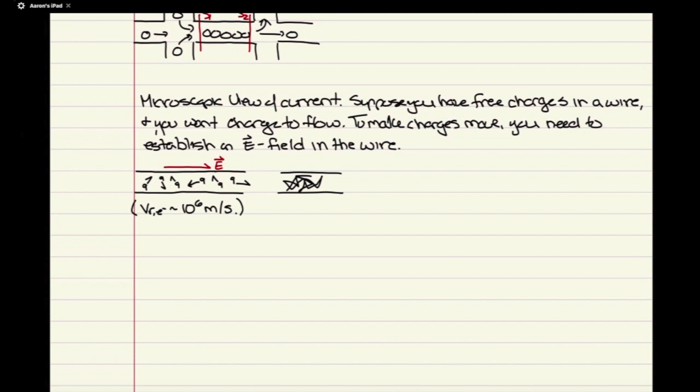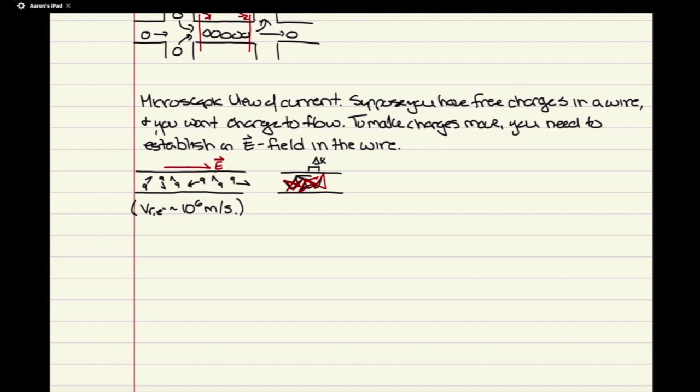But in the case of an electric field, all those collisions tend to be very similar to one another, but there is a slight tendency, during all these frequent collisions, for the charge carriers to start to move in a particular direction as a result of this overall electric field that they're feeling.